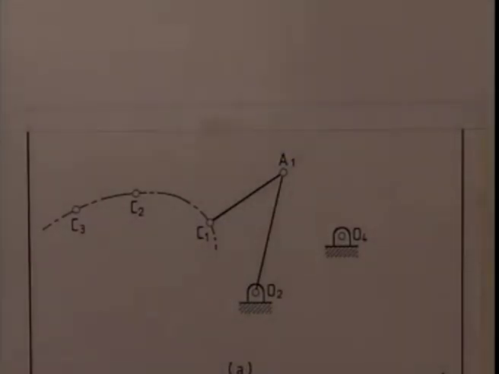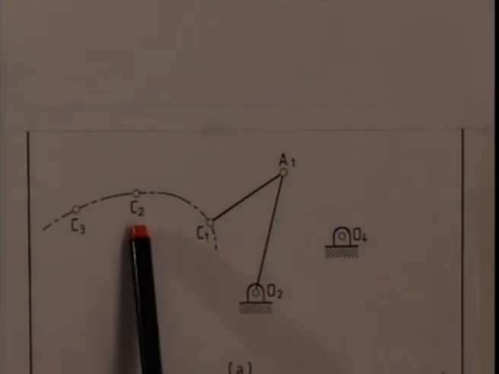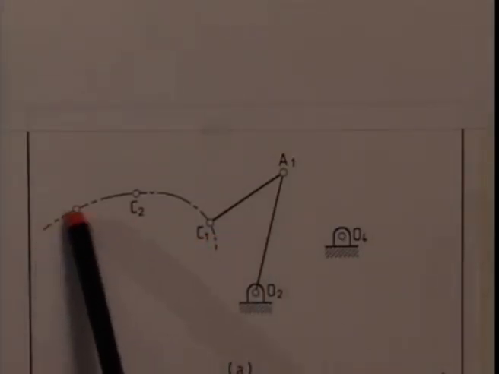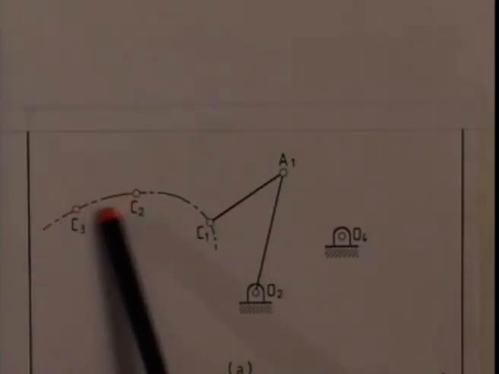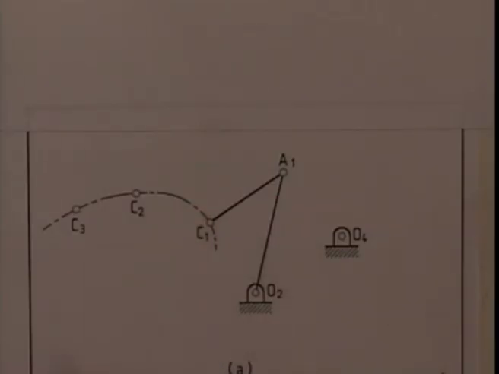Let a particular coupler point C has to pass through 3 positions, namely C1, C2 and C3. Actually, this is the desired coupler curve, but we are not interested in the intermediate positions. We have defined a 3 position synthesis problem that a coupler point C of a 4R linkage must pass through C1, C2, C3.